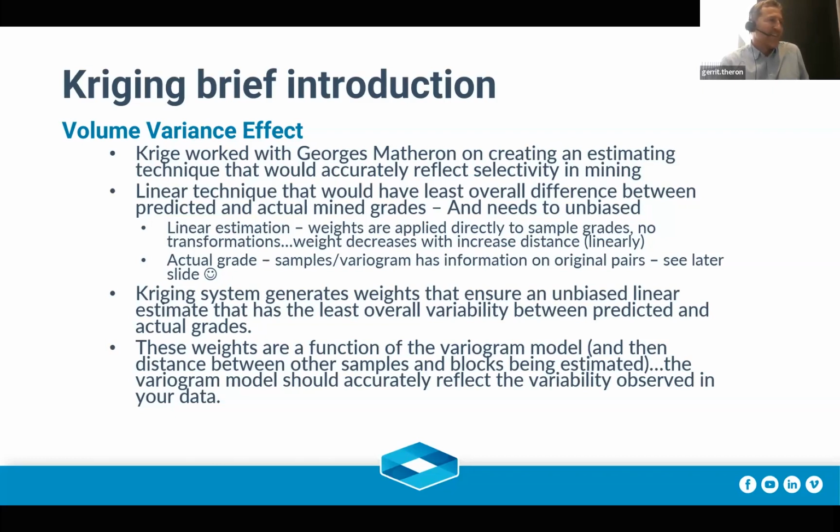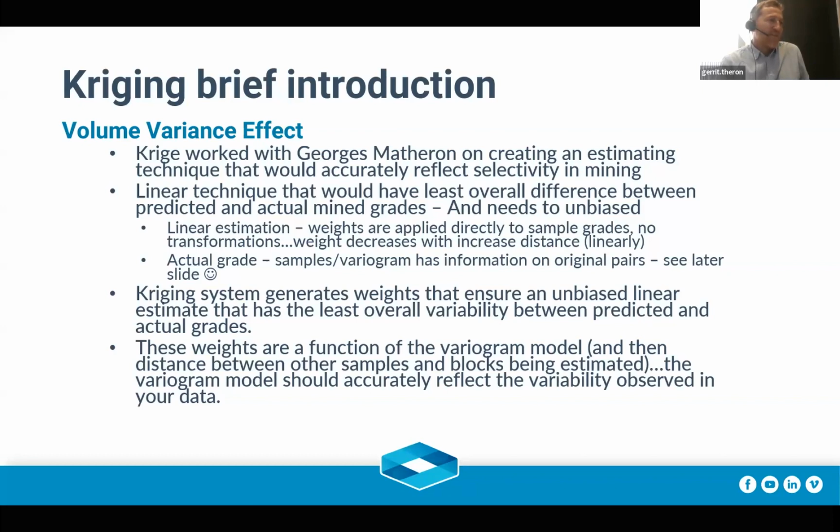And then the actual grade. So obviously you can see there in the definition they say the difference between the predicted and the actual mine grades. Okay, so we'll talk about that a little bit later, about how do we get the actual grade if we haven't mined it yet.